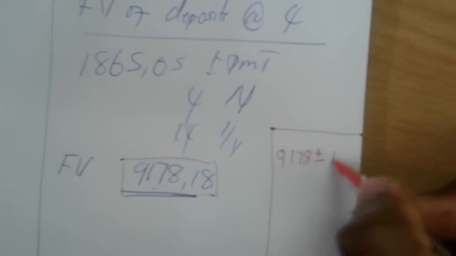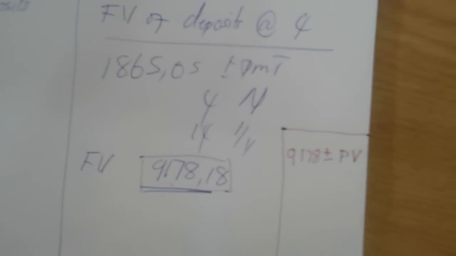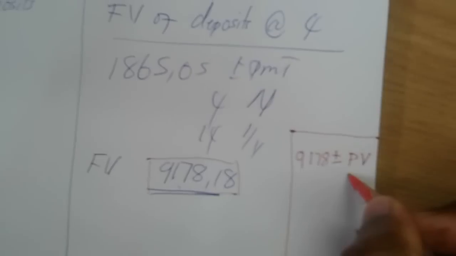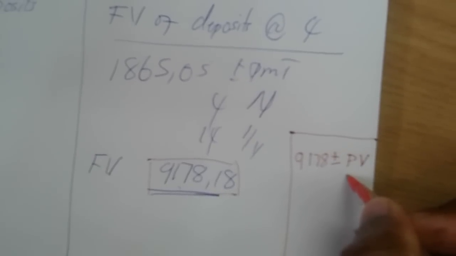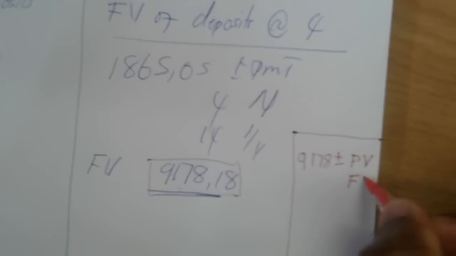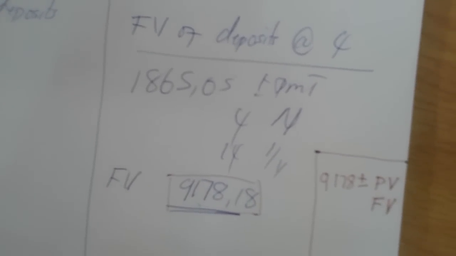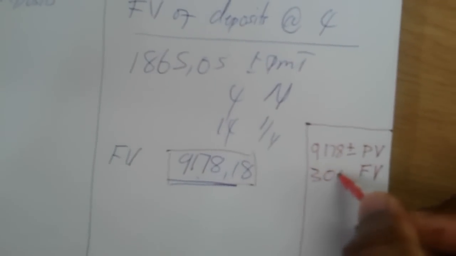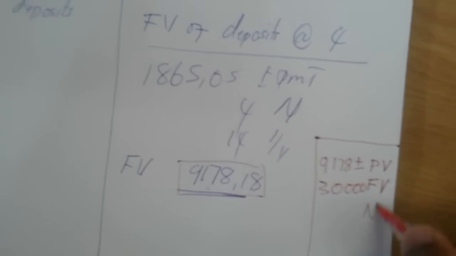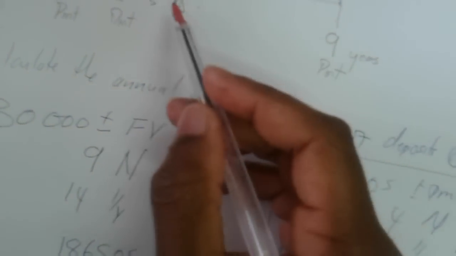plus minus, that's your PV, right? And then your FV is still how much? Your FV is still 30,000, because that's what we need. And your N, how many payments are we left with?